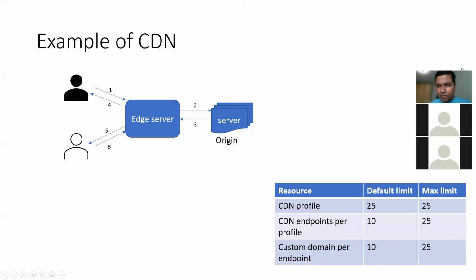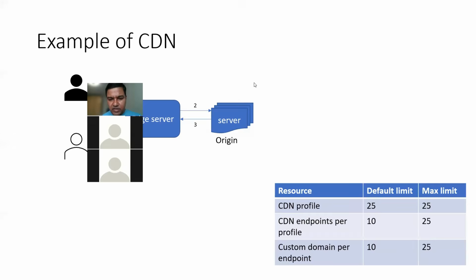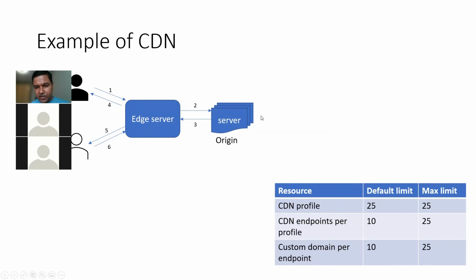And in CDN, there are various kinds of limits. We can create 25 CDN profiles in one subscription; the default is 25, and the maximum is 25. In each subscription, I can create 10 endpoints by default, but the maximum is 25.